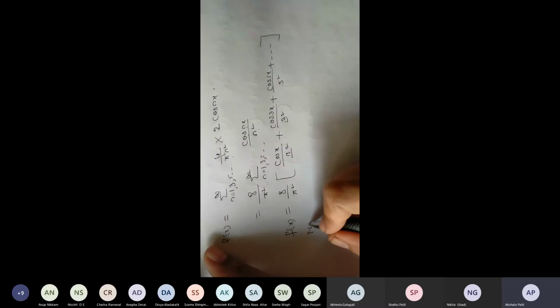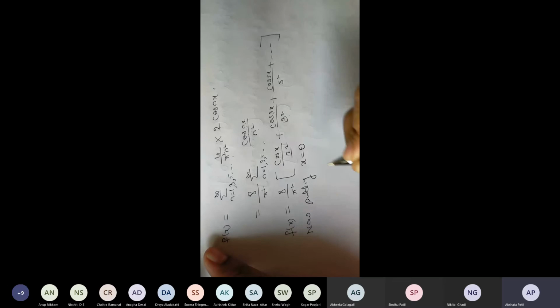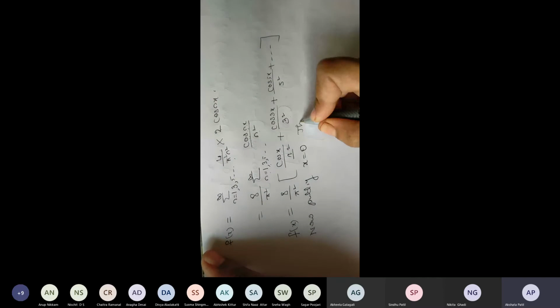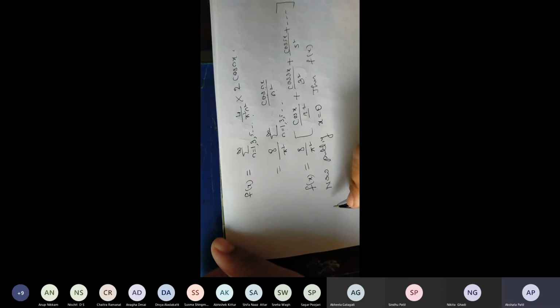Now what should I do here? Put x equals 0. Then what about f of x? f of x is 1 plus 2x by 5.